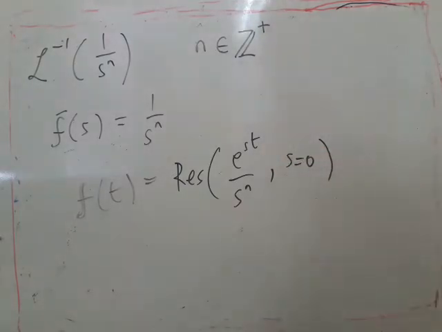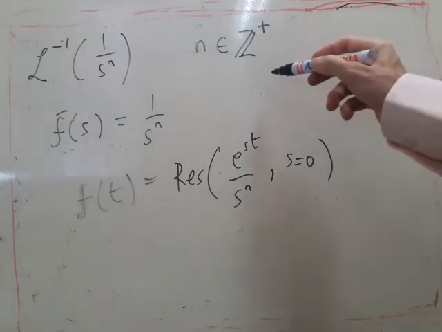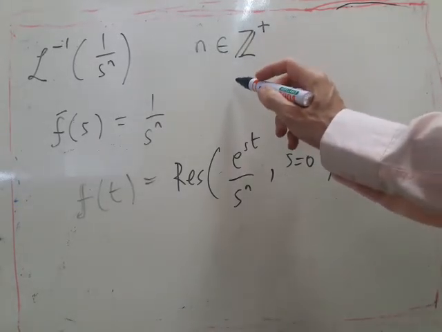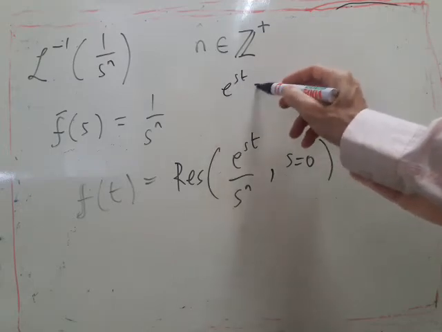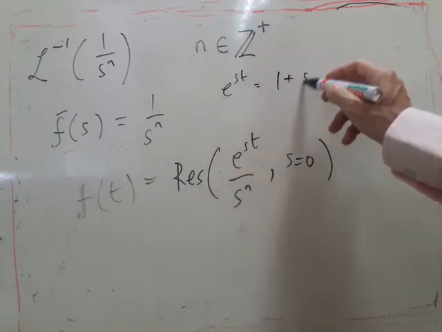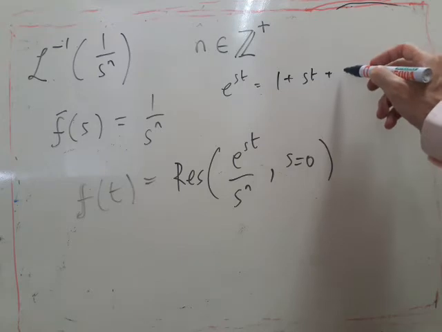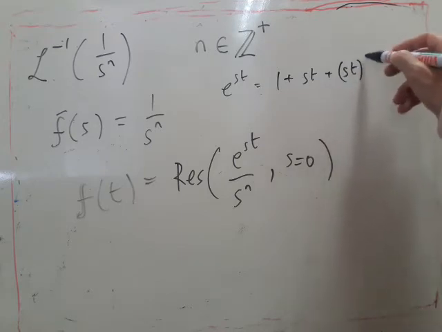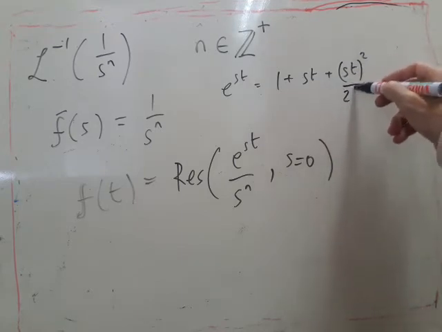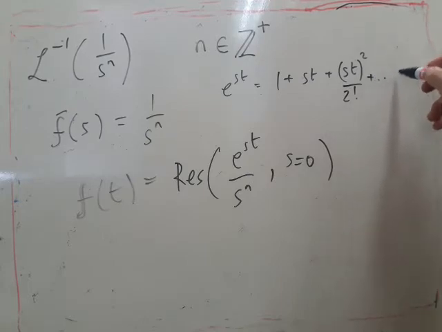And if we think about the series, e to the st, of course, is 1 plus st plus (st) squared over 2 factorial plus, and then the general term is (st) to the r over r factorial.